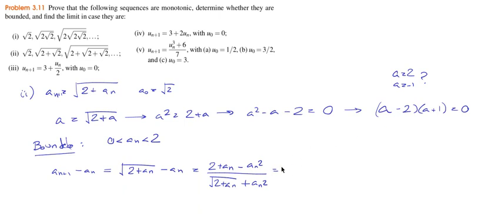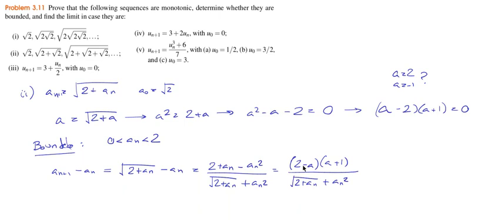So this is 2 minus a sub n times a sub n plus 1, divided by the square root of 2 plus a sub n, plus a sub n.